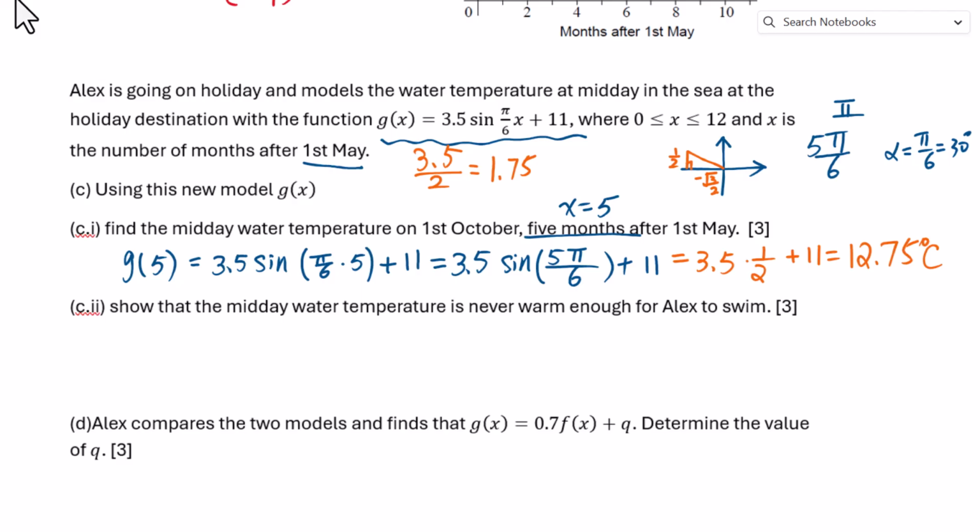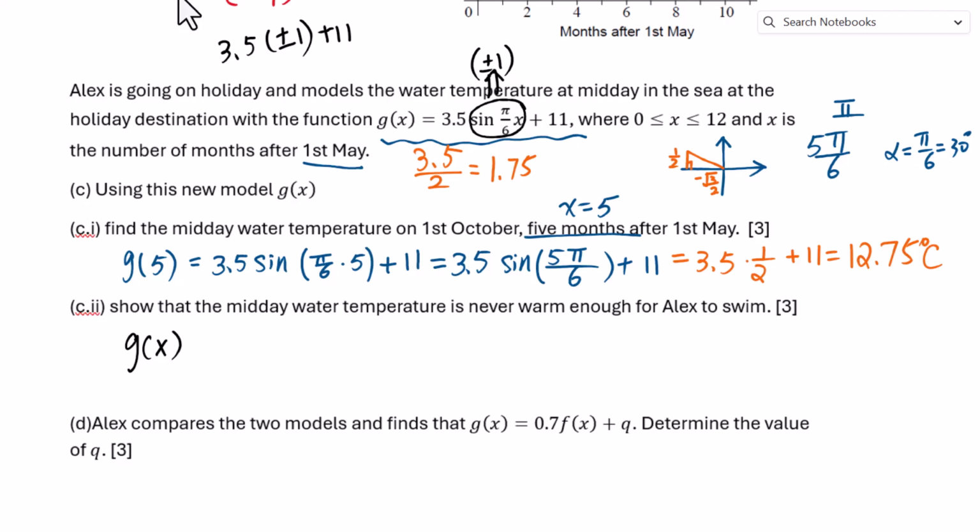C: Show that the midday water temperature is never warm enough for Alex to swim. For g(x), we need to figure out the maximum and minimum value. We change sin(πx/6) into plus or minus 1 to figure out the maximum or minimum value: 3.5 times plus or minus 1, plus 11.